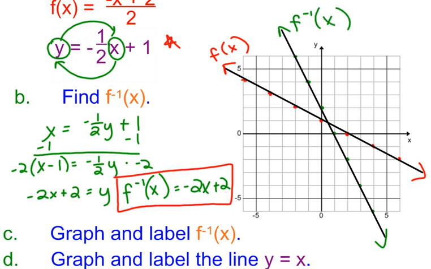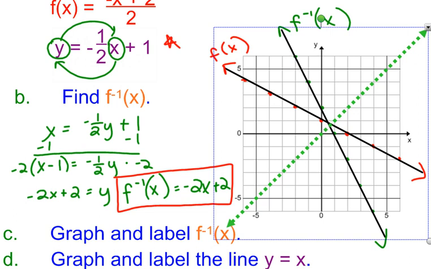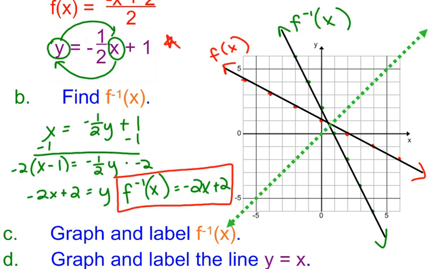You might not notice too much about these, but let's again put in that line y equals x. So I'm going to do that as a dashed line again. Make it a little bit more exact. There we go. So now take a look at this line. If I was to fold my graph along the dashed green line, do you see how the lines would line up? They'd touch each other.